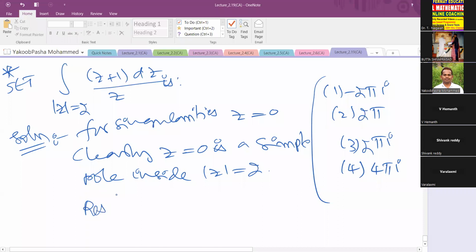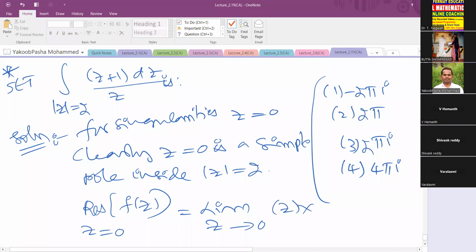The residue of the function f of Z at Z is equal to 0 is the limit as Z tends to 0 of Z into (Z plus 1) divided by Z. Here Z will be cancelled, and applying Z equal to 0 we get 1. This is the residue value.